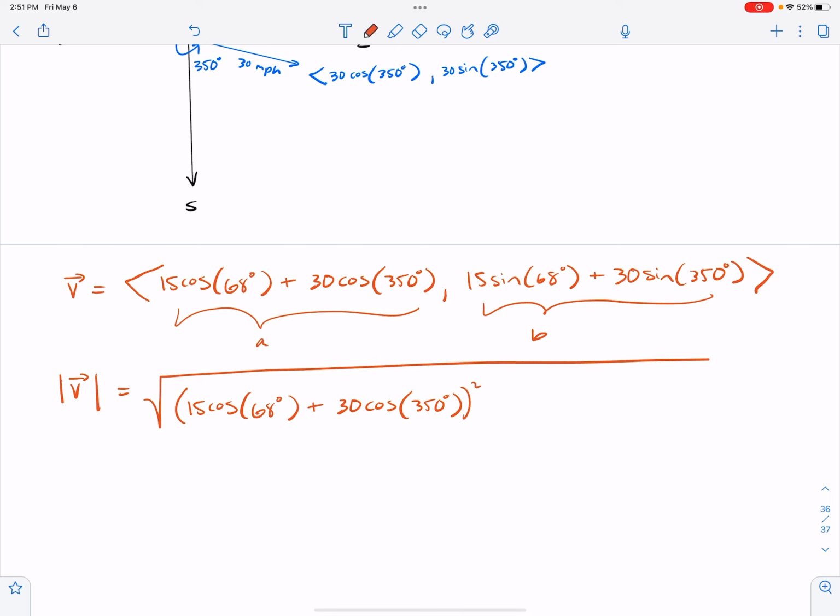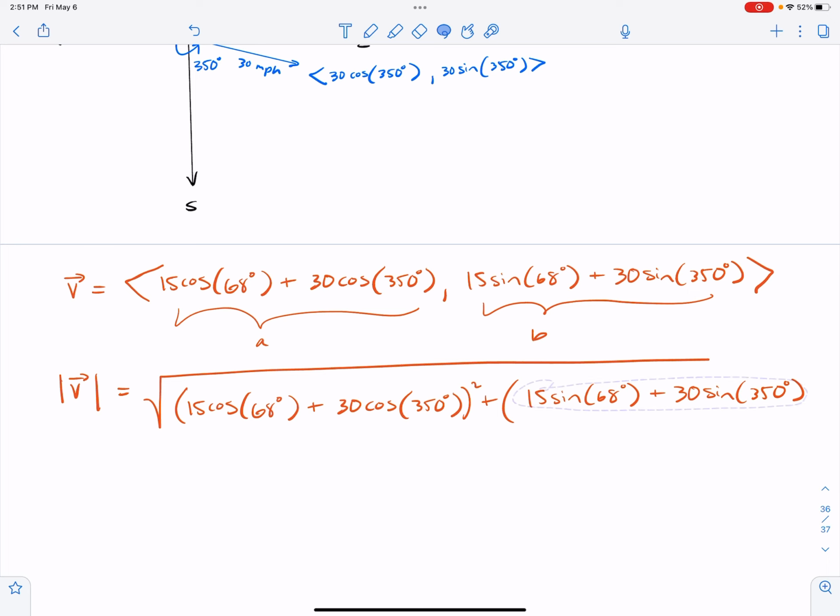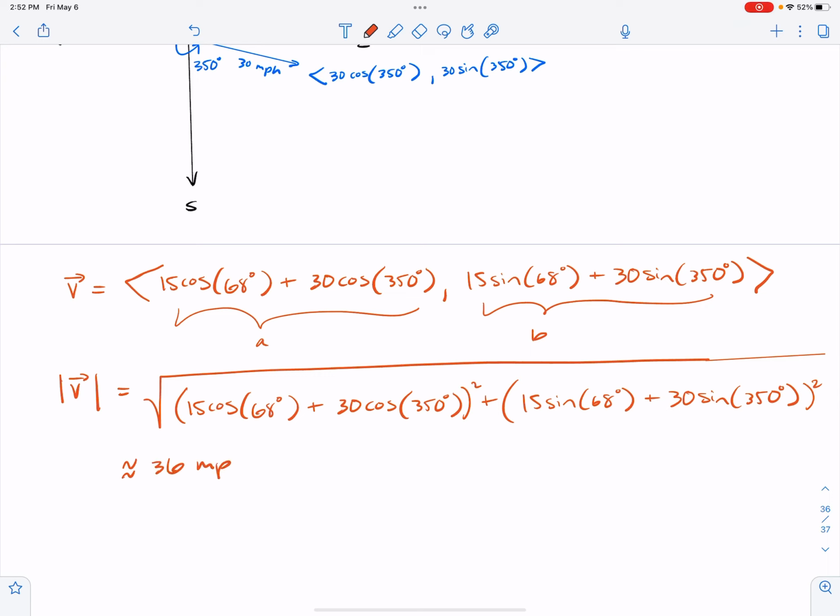So this squared plus B squared. Okay, and that ends up being approximately 36 miles per hour, rounding up.